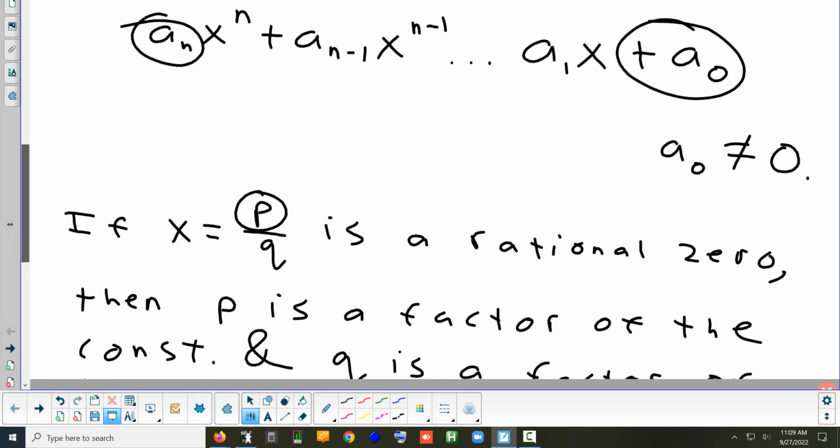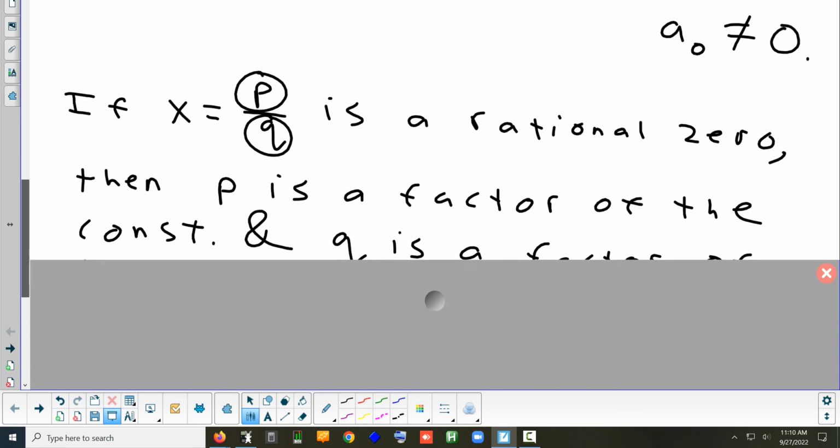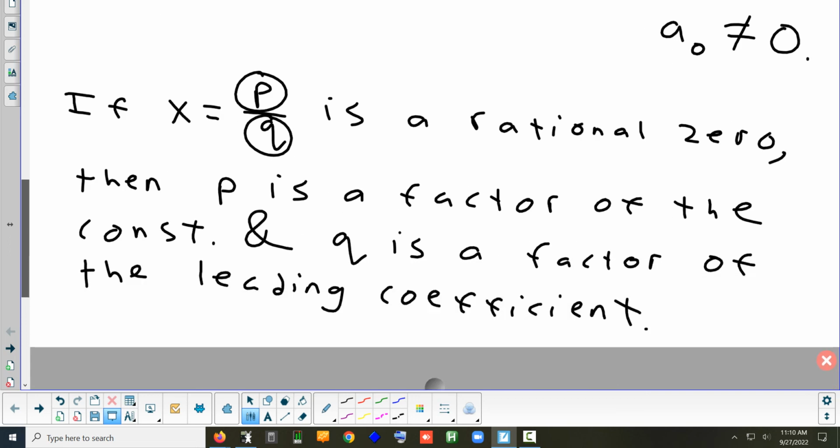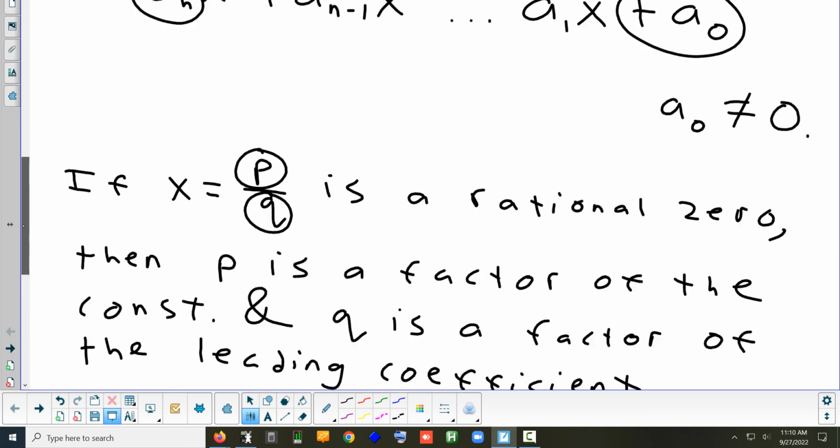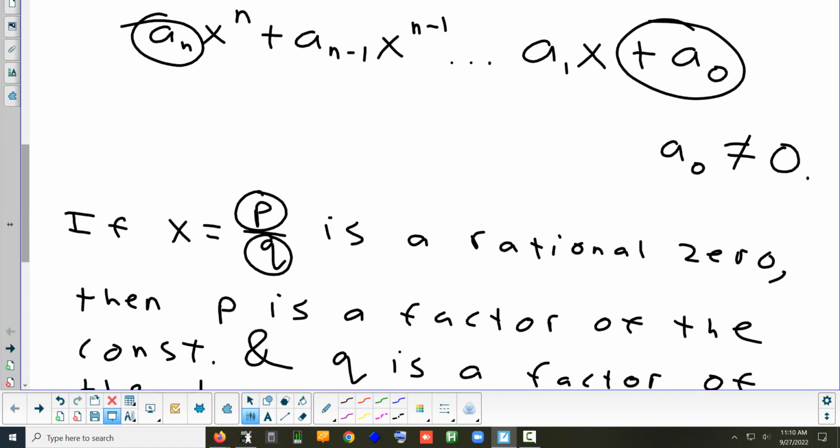So for example, factors of 12: 1, 2, 3, 6, 12, positive and negative. The number that's in the bottom part of your answer, if you're going to be able to find a rational 0, is a factor of the leading coefficient. A sub n is the leading coefficient.